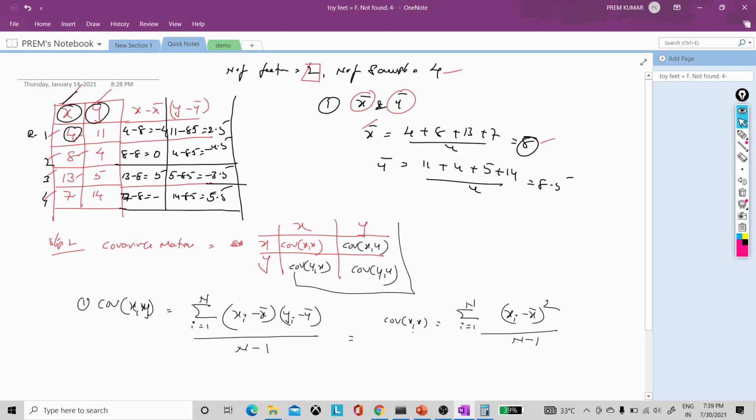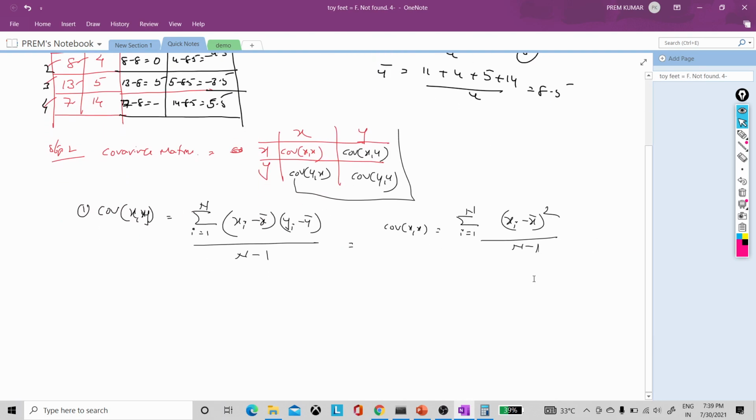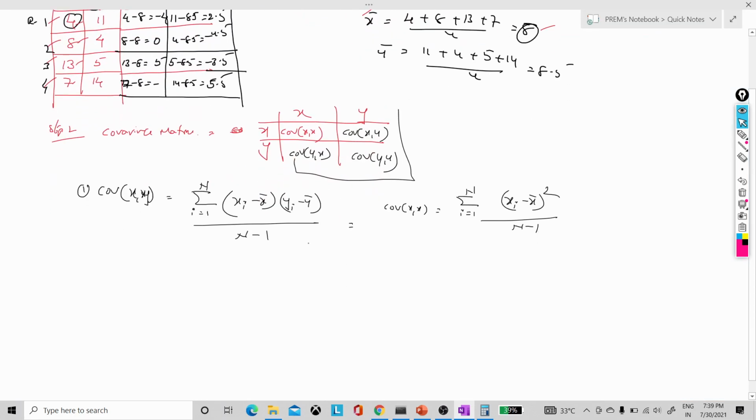So here xi means the first value 4 and x bar means 8: 4 minus 8 whole square, 8 minus 8 whole square, 13 minus 8 whole square plus 7 minus 8 whole square, divided by the number of observations, 4 minus 1.